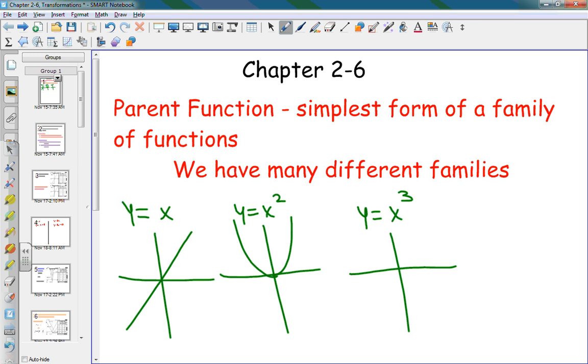It's the spaghetti family. It's X cubed. And then the last family, the V family.